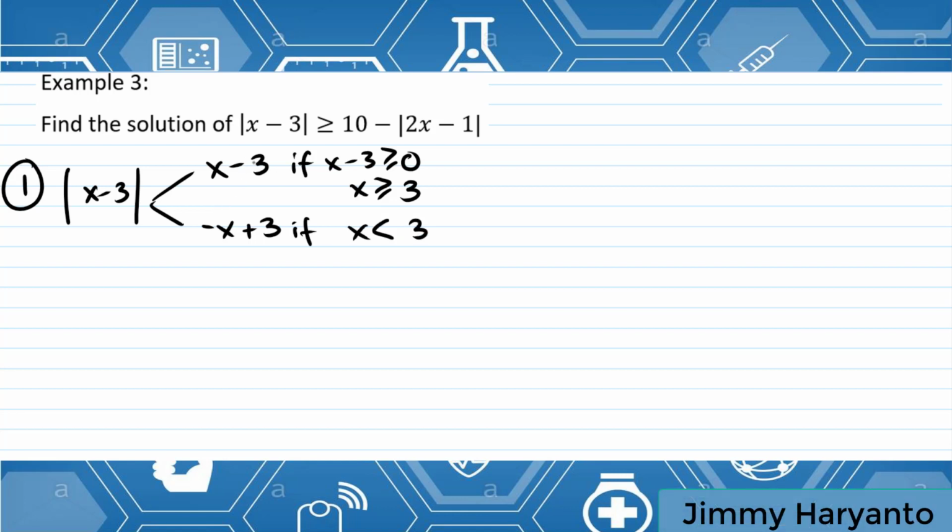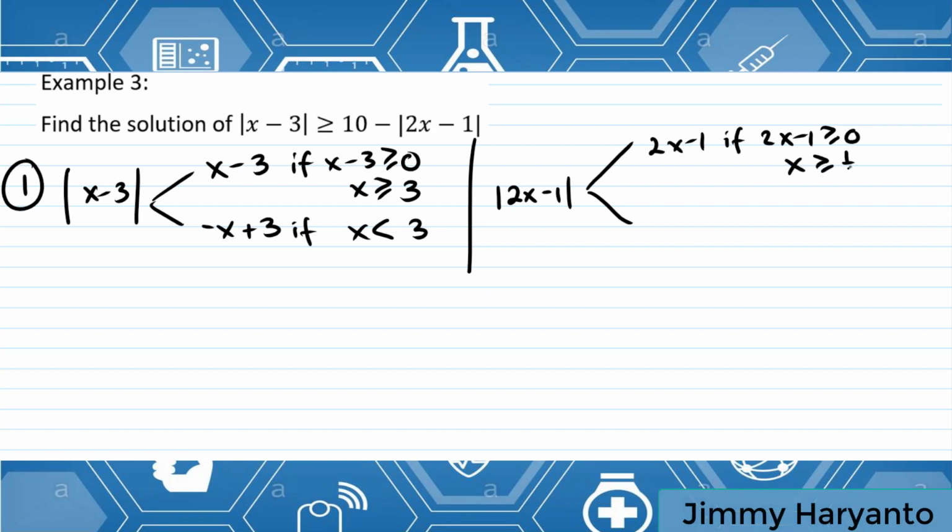The first one is positive, the second one times with negative. And then for this one, absolute value of 2x minus 1 will become 2x minus 1 if 2x minus 1 greater than or equal to 0, x greater than or equal to half, and then negative 2x plus 1 if x less than half.